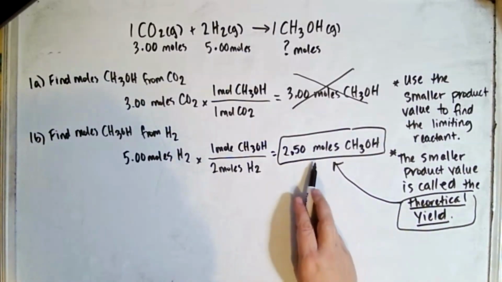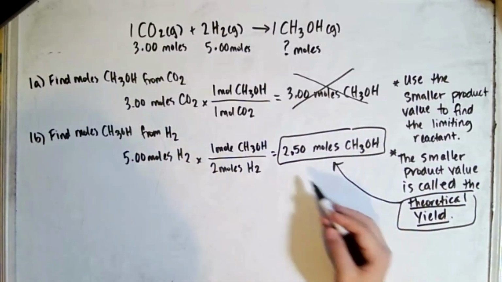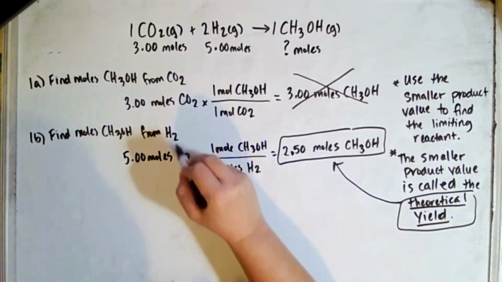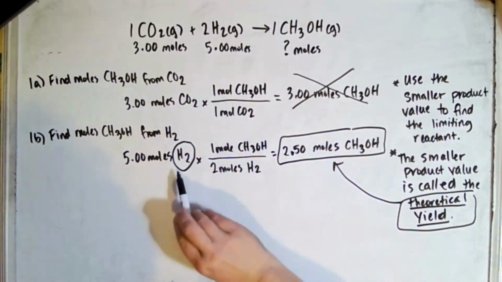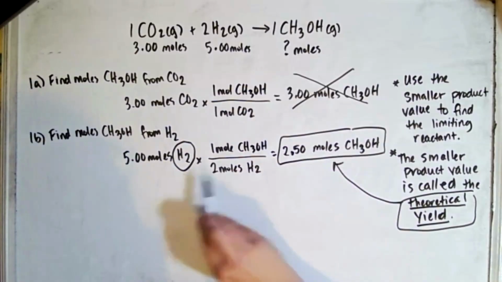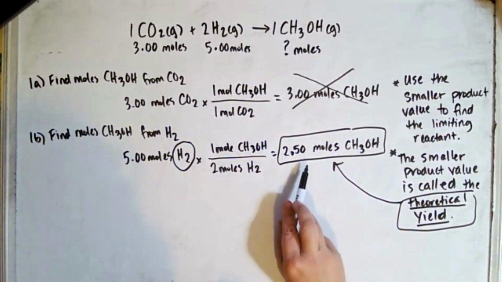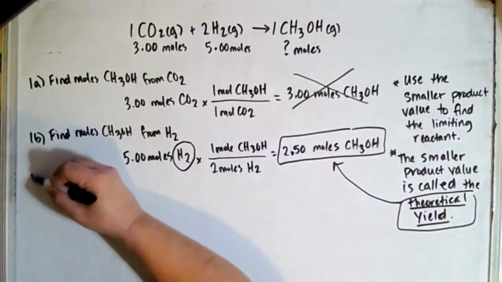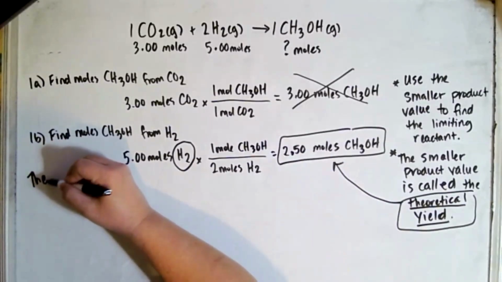And the reactant that made the theoretical yield. So if we go back to the beginning, the H2 is the reactant that made our theoretical yield. The reactant that makes the theoretical yield is the limiting reactant.